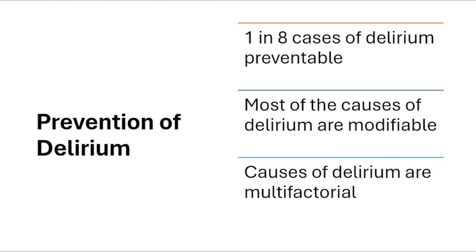So it is clear that delirium has to be prevented, right? The most important thing is that most of the time delirium can be prevented. 1 in 8 cases of delirium is preventable according to the systematic analysis. And most of the causes of delirium are modifiable.